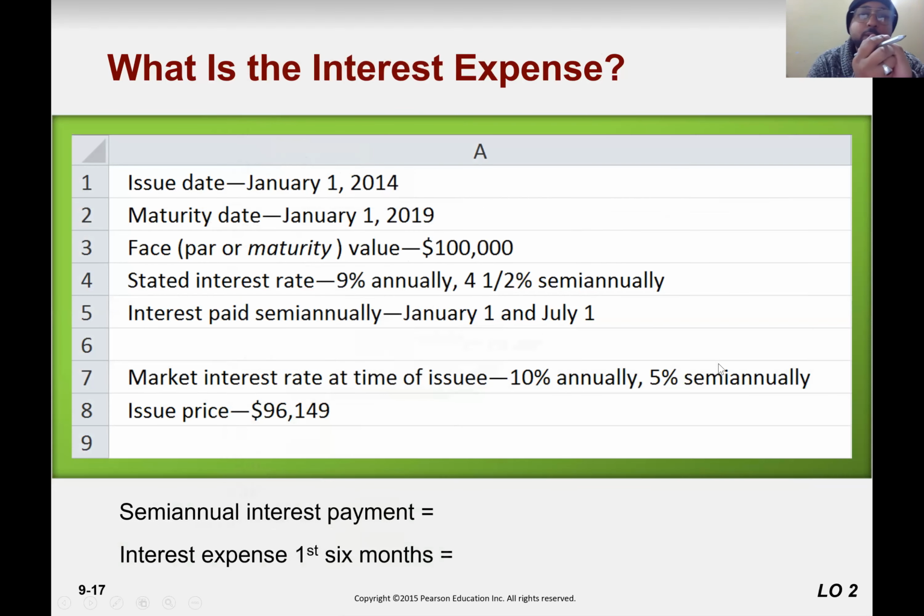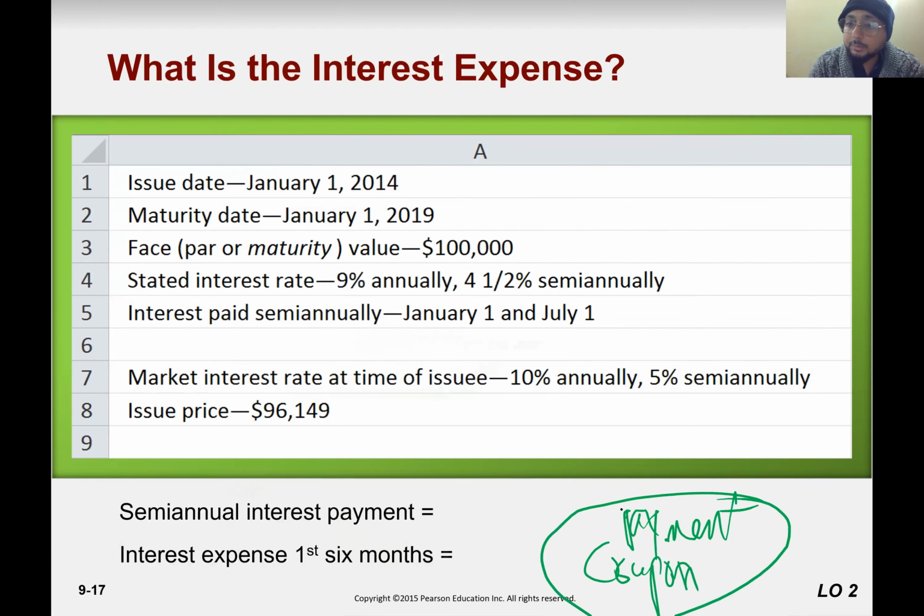Now, what is the interest expense and what is the interest payment? Remember, interest payment is on the basis of coupon. You can write it down. The company has promised to pay us, and the company will pay us on the basis of coupon, while interest expense is based on market rate.